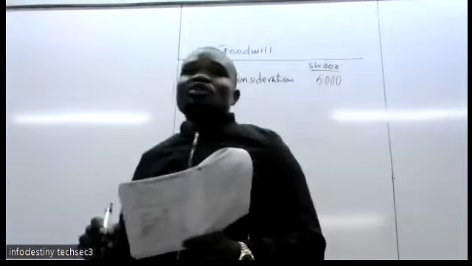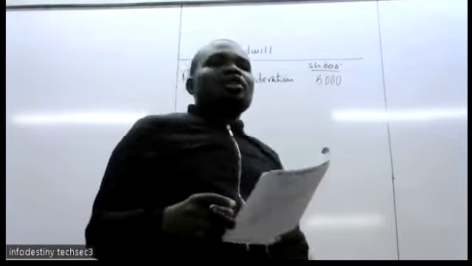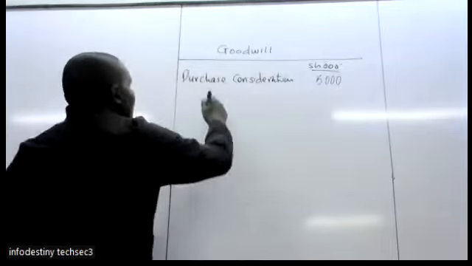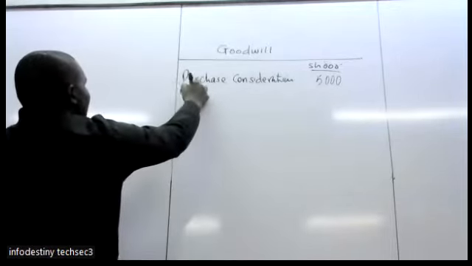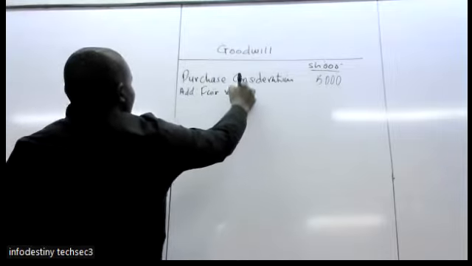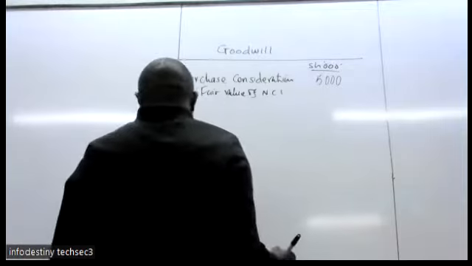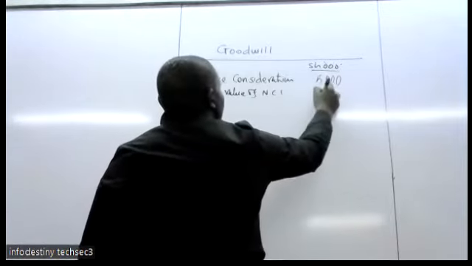5,000. Was there any fair value of NCI? Not number 5. So you add fair value of NCI. How much was this? 1,500.